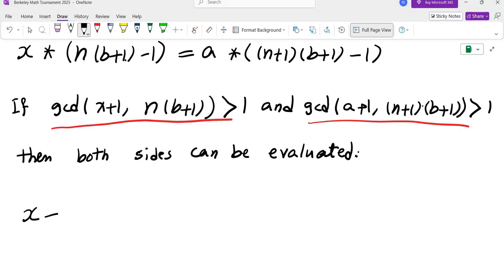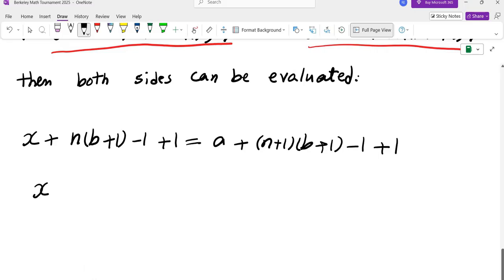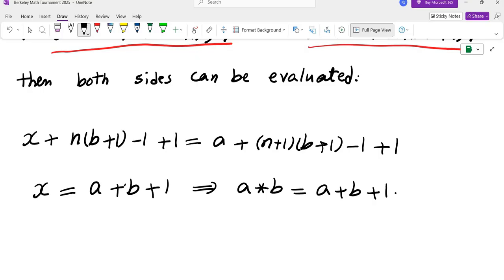So the left side is x plus n times b plus 1 minus 1 plus 1, and the right side is a plus n plus 1 times b plus 1 minus 1 plus 1. Once we simplify this, we can evaluate x as a plus b plus 1, which means a star b is in fact a plus b plus 1.